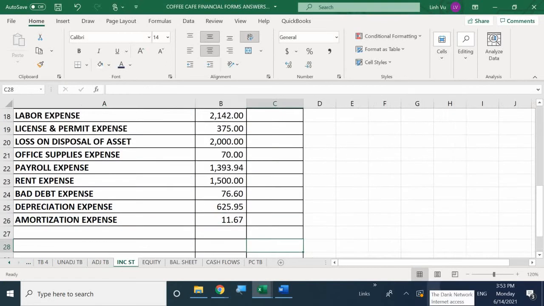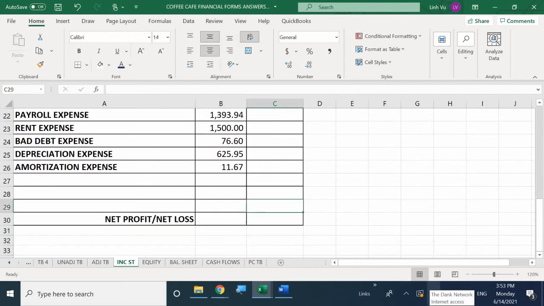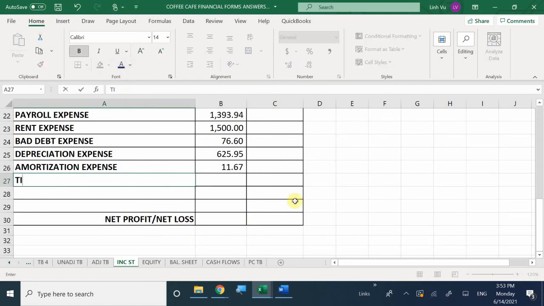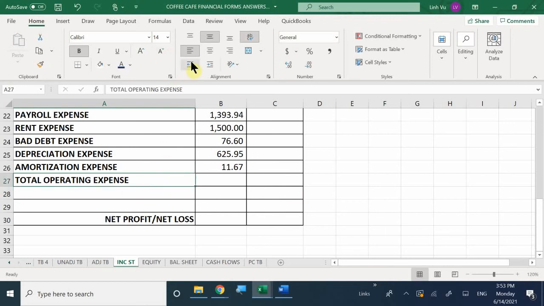Okay. So once again, here I'm going to type in this little column right here that this is going to be total operating expense. In this case, I'm going to right align it, so I know that this is a total cost.